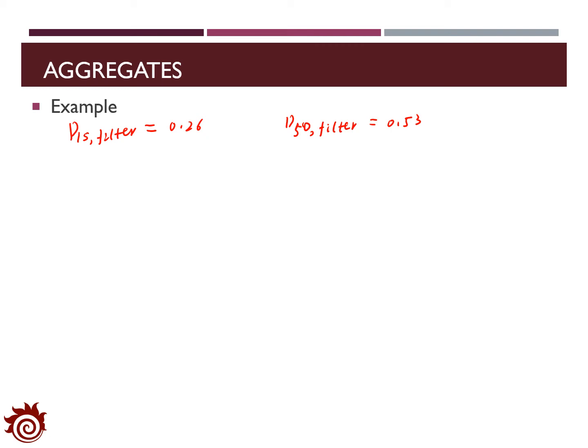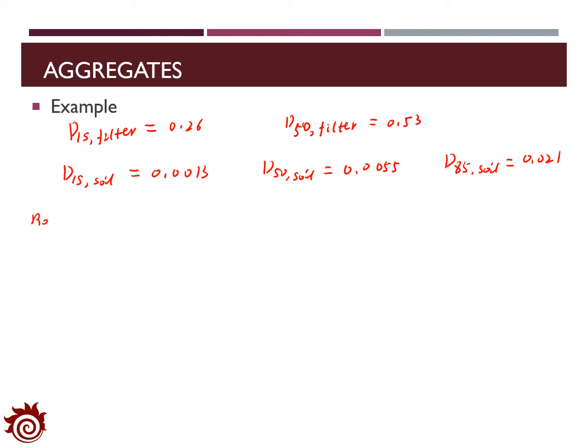In addition, from the assumption, we have the information about the subgrade soil. D15 soil is 0.0013, D50 soil is 0.0055, and D85 soil is 0.021.